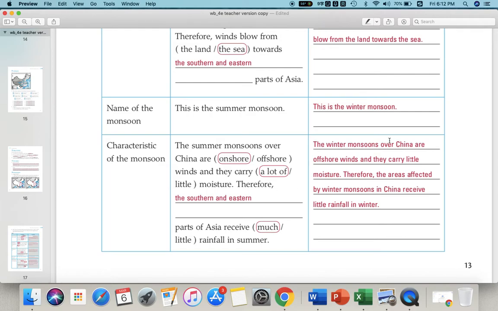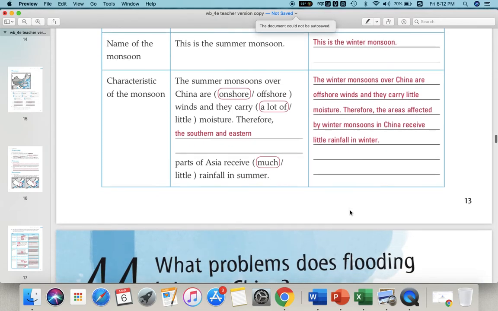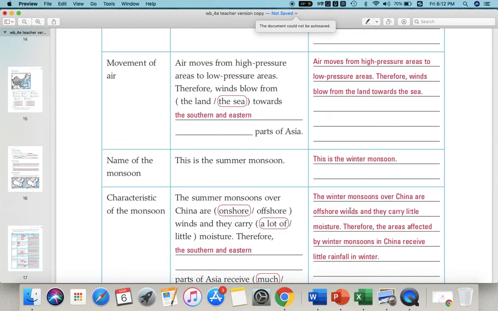But in winter, because the winds are offshore ones blown from the land, they don't have much moisture, so it will be dry in the winter. So that's why Hong Kong is dry in the winter and very hot and very wet with a lot of rainfall in summer.